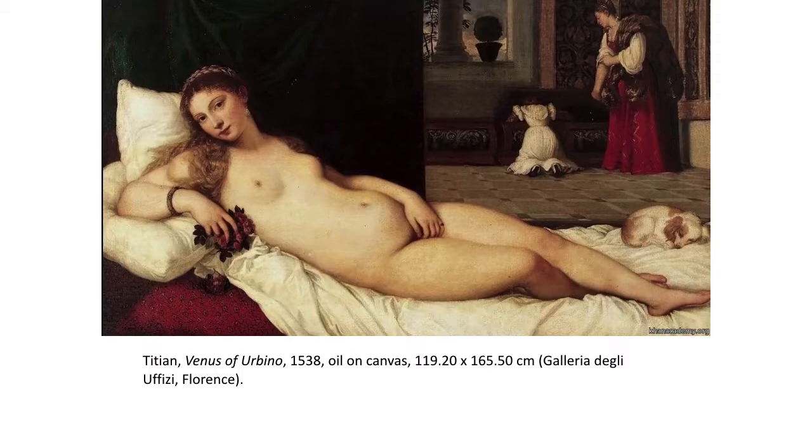So this means that rather than being represented as a specific individual in that contemporary age, that individual's face and her features are represented as the figure of Venus. So this makes it acceptable to represent her as a nude, as she, in essence, no longer is herself, but is embodying the idea of the goddess Venus. This painting has also a very sensual tone to it.